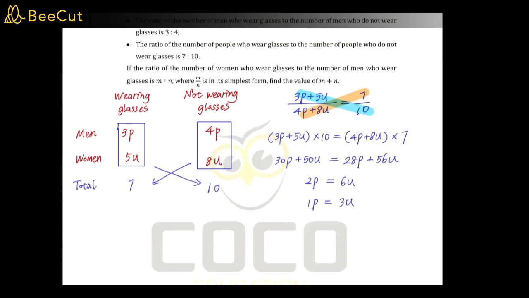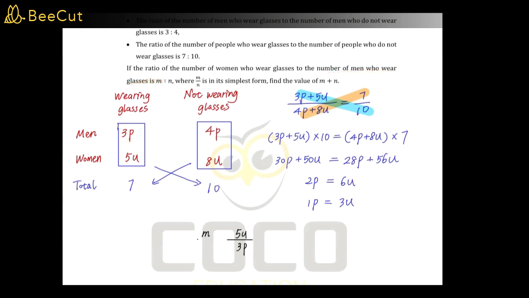Now comparing M to N. So number of women who wear glasses, this is 5U, to the number of men who are wearing glasses, this is 3P.